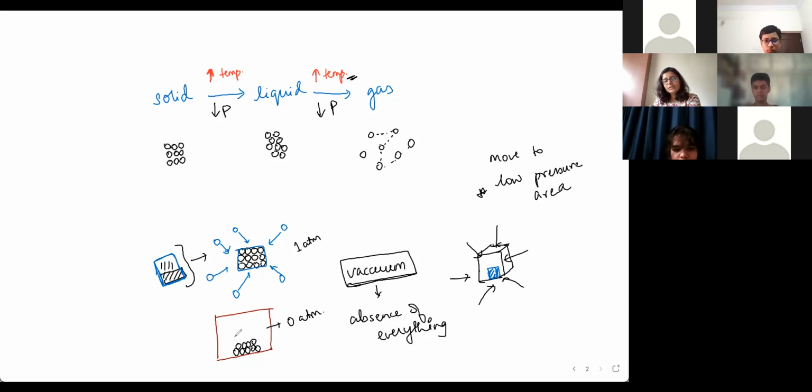So that is what causes these particles to break apart and increase the space between them. Depending on how much space is available, either they'll turn from solid to liquid, but if there's enough of a pressure differential, then it'll turn from liquid to gas again.